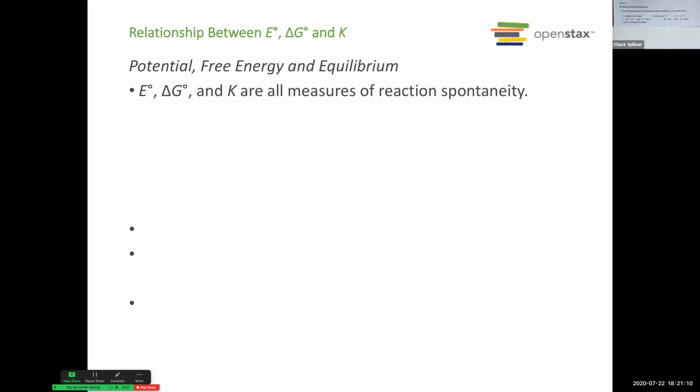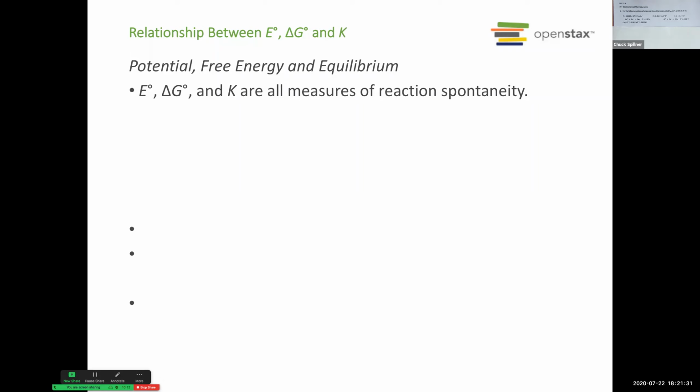Now let's look at the relationship between cell potential, free energy, and equilibrium constants. They all provide measures of spontaneity. So in this chapter, we talked about cell potential. Positive cell potential indicates that a reaction will be spontaneous. In the last chapter, chapter 16, we talked about free energy.